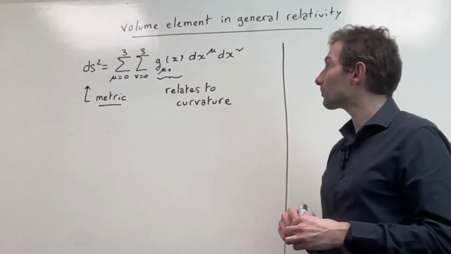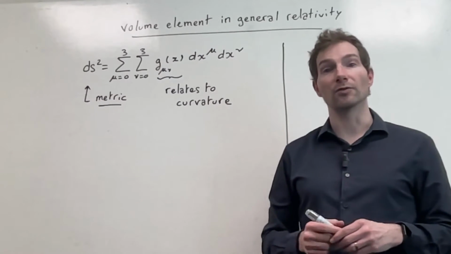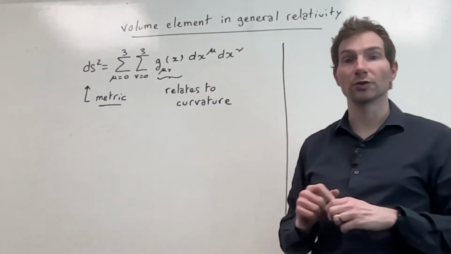Now the thing is, how do we define volume in normal Euclidean space?